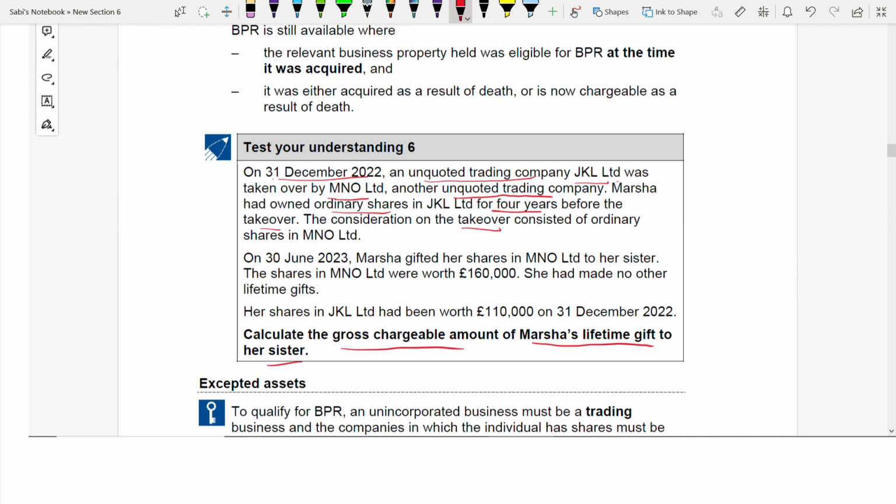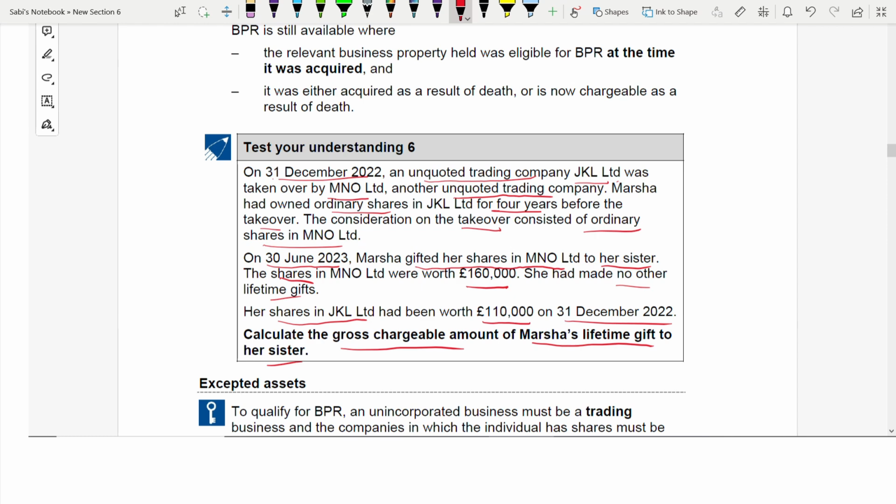Consideration of the takeover consisted of ordinary shares in MNO. On 30th June 2023, that is after 6 months, Marsha gifted her shares in MNO to her sister. Shares were worth 160,000. No lifetime gifts were made. Her shares in JKL had been worth 110,000 on 31st December 2022.